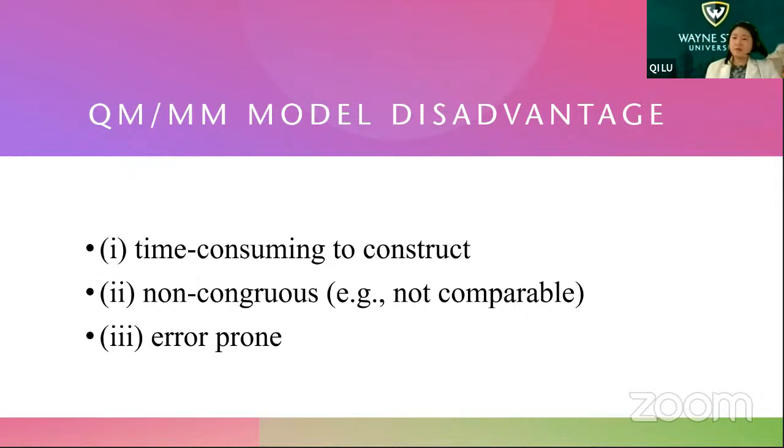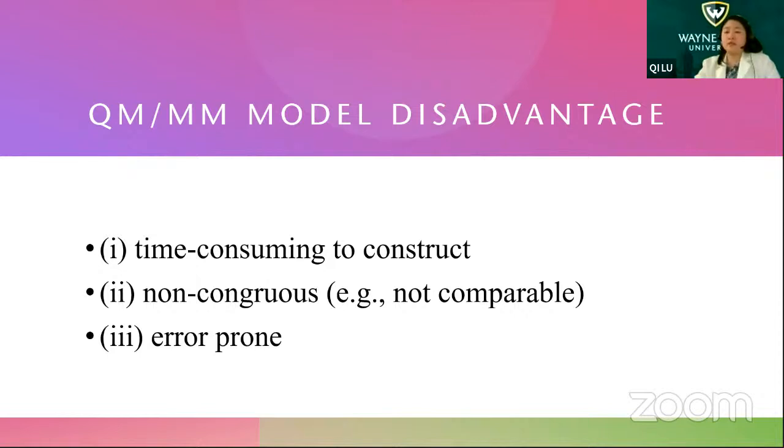So different scientists put in what they think is the most important part, which may differ from another scientist, so the final result will not be compatible. There are human error factors, and it also depends on whether the scientist is experienced or inexperienced. So this model is error prone.